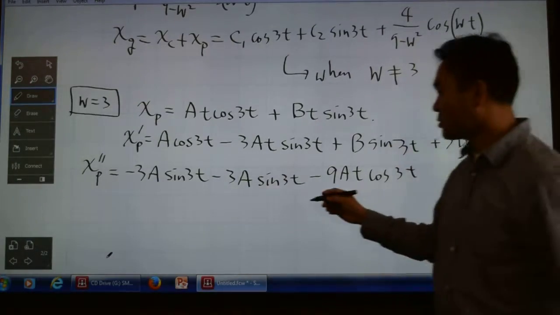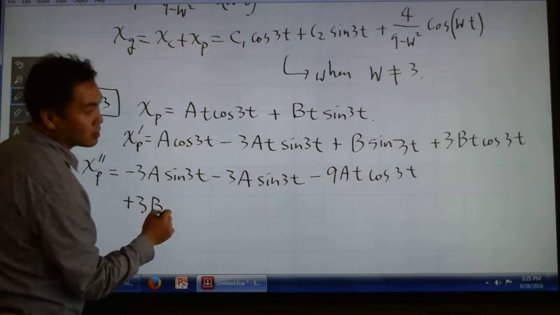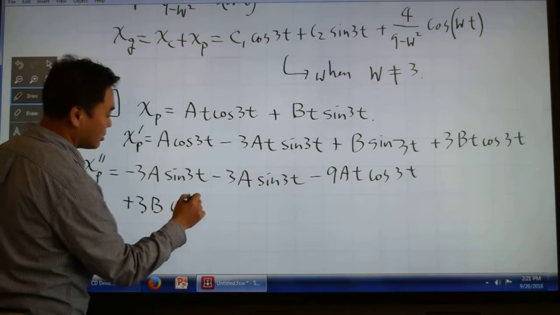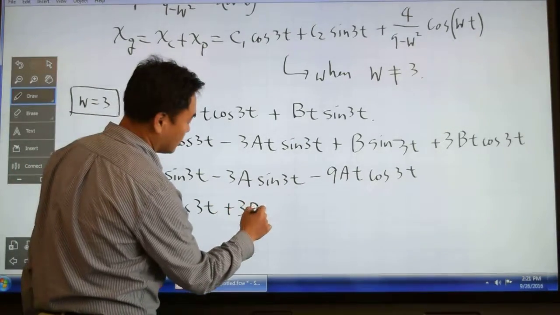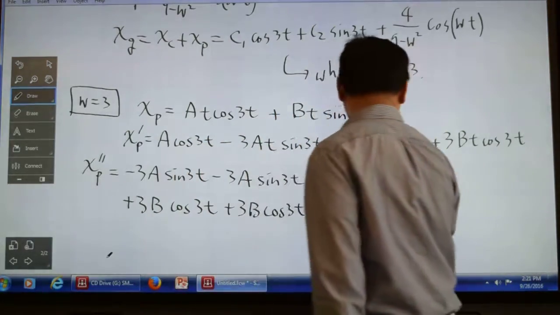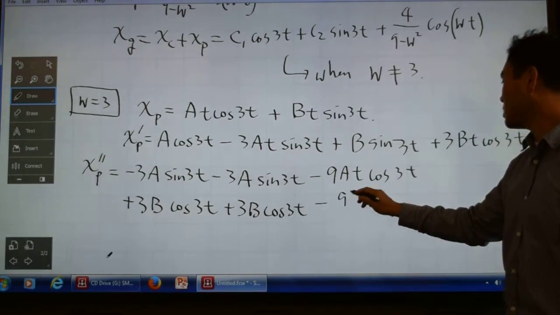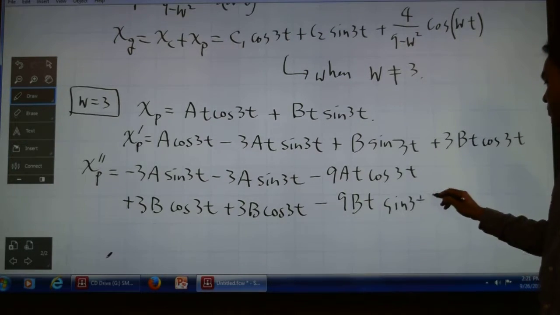And this one will again create plus 3b cosine 3t, and then plus 3b cosine 3t, and then minus 9b t sine 3t.